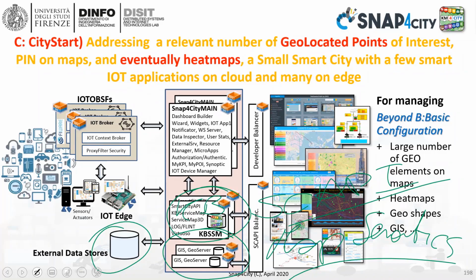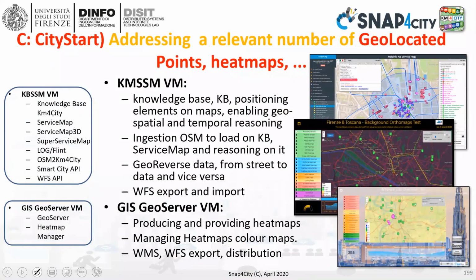So you can create a very small city solution with heat maps, also with geo shapes, maps, and other things, but with limited capability for semantics and for storage. These are examples that you can realize with the CityStar configuration.